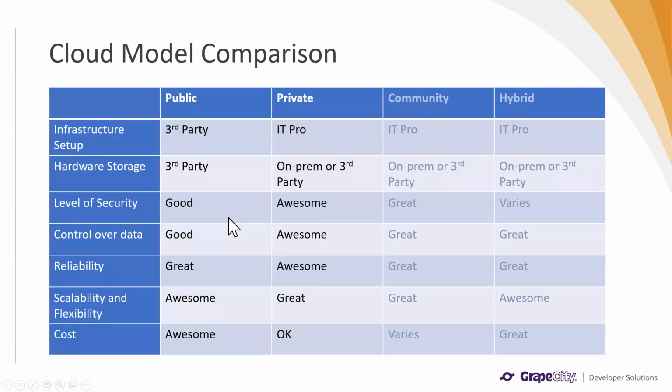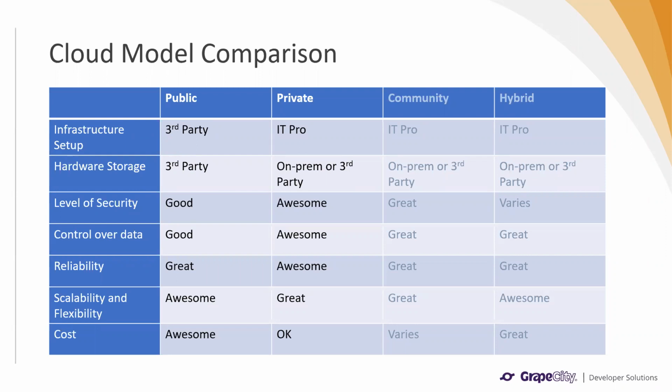So just taking these two into consideration, let's compare these two models here. Obviously, when it comes to infrastructure setup, private is going to require a lot more effort from the organization, because you would need a professional to set everything up. The hardware can be on-prem or operated and managed by the third party.